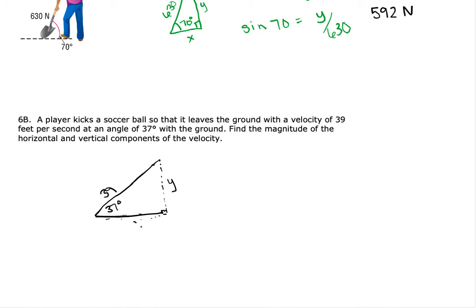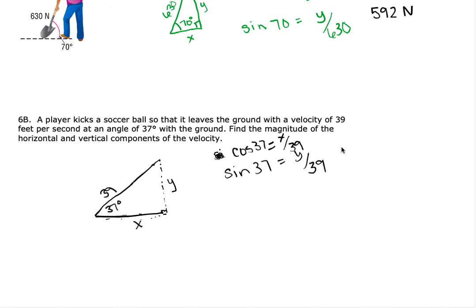I'm going to label this one Y and this one X, and set it up as opposite over hypotenuse, so sine of 37 equals Y over 39. That's going to be my vertical. I should write the other one first. I will write my horizontal up here: cosine of 37, because it's adjacent over hypotenuse, equals X over 39. Then I'll throw those into my calculator.